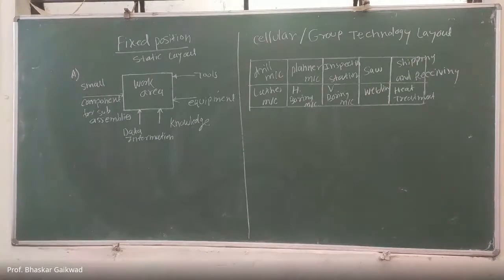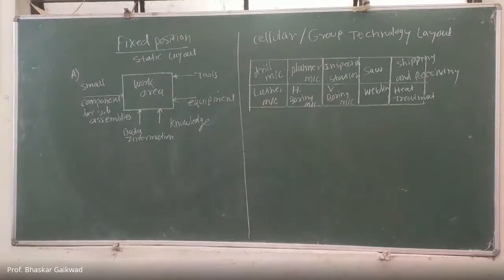In simple way, in this fixed position layout, the component which is going to be manufactured is fixed, and all equipment, tools, machinery, measuring instruments, quality control and sub-assembly parts we can supply to that place. So this is called fixed position or static layout.